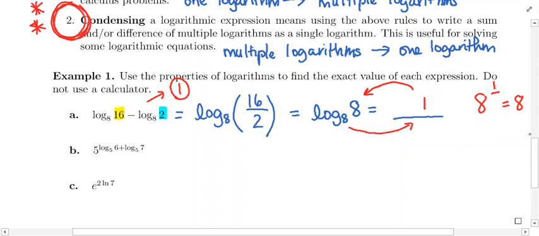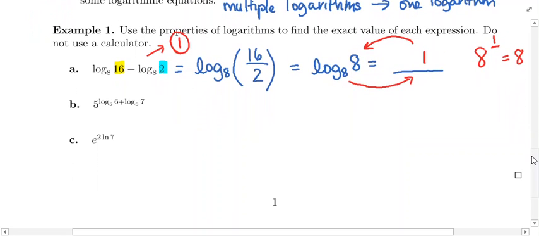In part B, we've got 5 raised to a complicated power. The power here is log base 5 of 6 plus log base 5 of 7. Let's concentrate on the exponent here because that's where the logarithms are. In the power, we're adding two logarithms and they're both base 5.